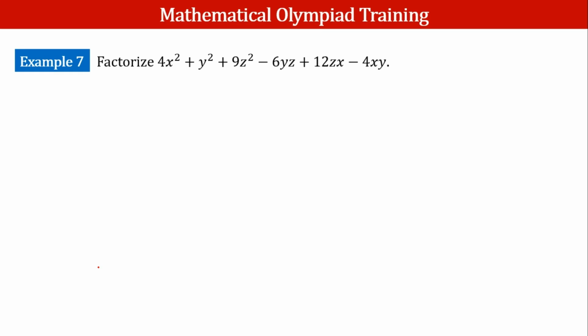We have 4x squared plus y squared plus 9z squared minus 6yz plus 12zx minus 4xy. Alright, so if you notice, this expression somewhat resembles the identity quantity a plus b plus c squared equals a squared plus b squared plus c squared plus 2ab plus 2bc plus 2ac.